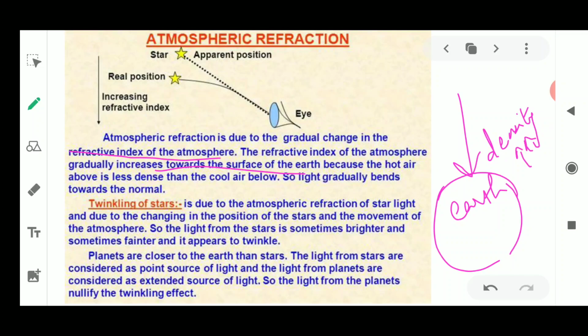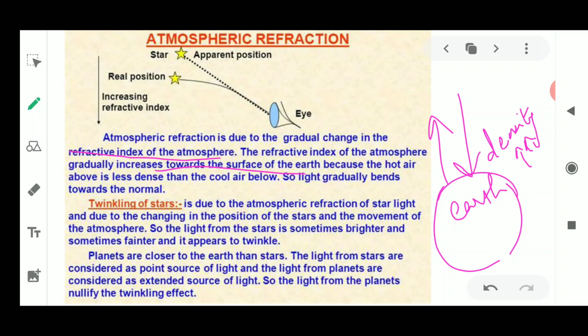Why? Because the hot air present on the earth's surface rises up, and as the hot air rises, the cold air comes in, blows inside, fills up that place, and it becomes highly dense.